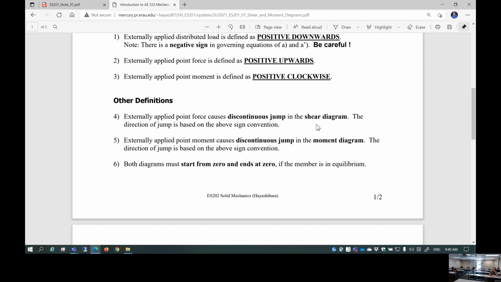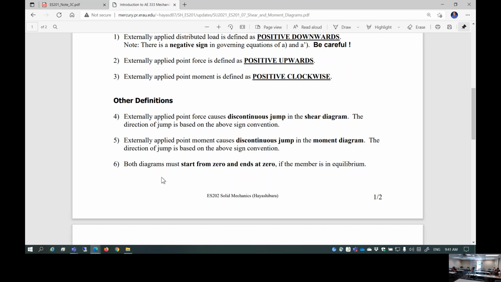If you apply a moment, in the moment diagram, it jumps this much moment. Those are the other definitions. Externally applied point force causes a jump in the shear diagram. Externally applied point moment also causes a jump in the moment diagram. Let's be careful about that. It's kind of simple. You can notice by drawing the shear diagram.